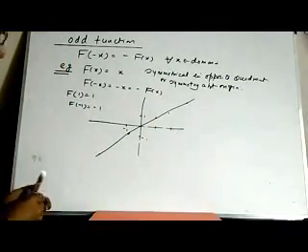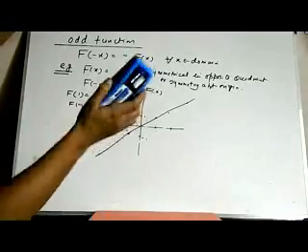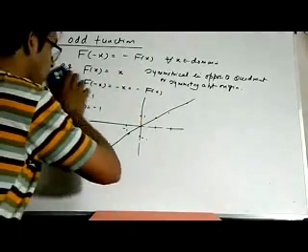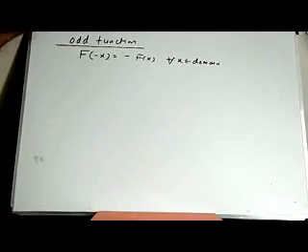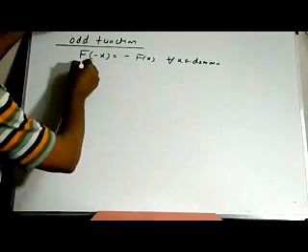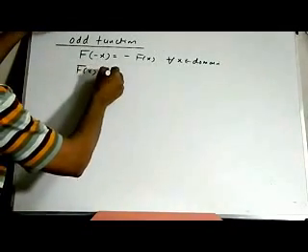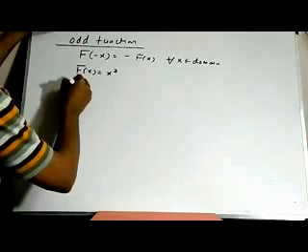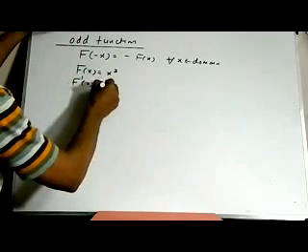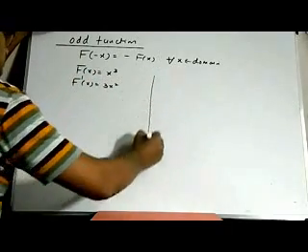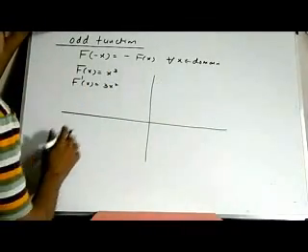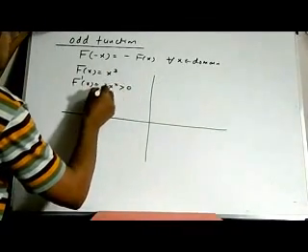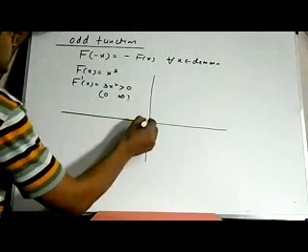Another example we can consider. For example, if I take f(x) equal to x cube, and take its derivative, then it will be 3x square. Clearly this passes through the origin and this derivative is greater than 0 over the interval 0 to infinity, so it is a strictly increasing function.